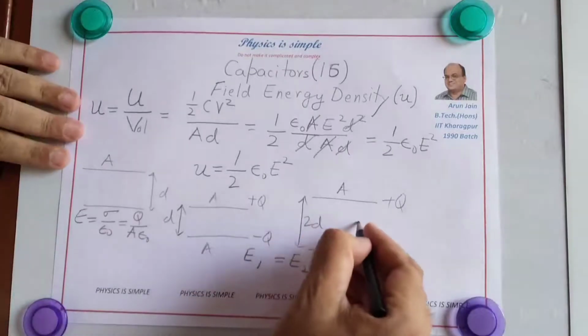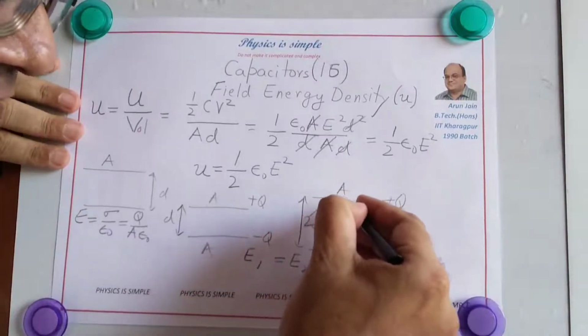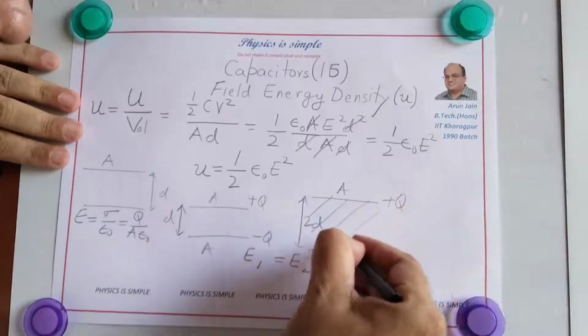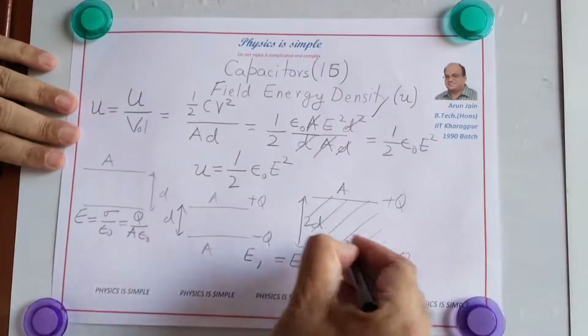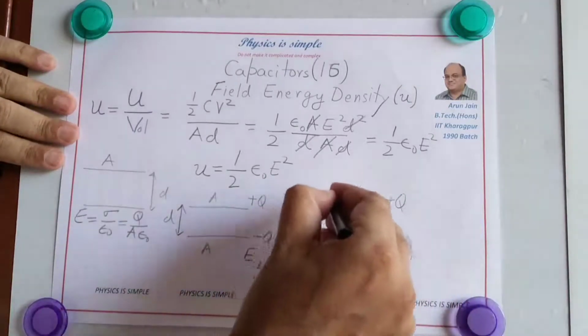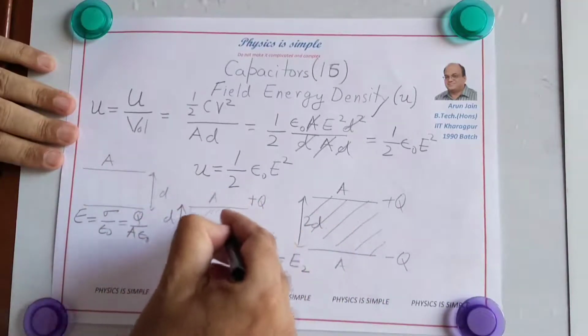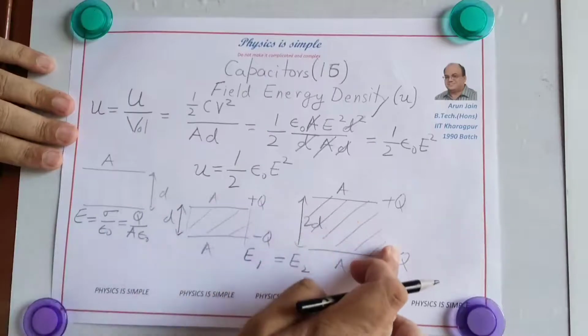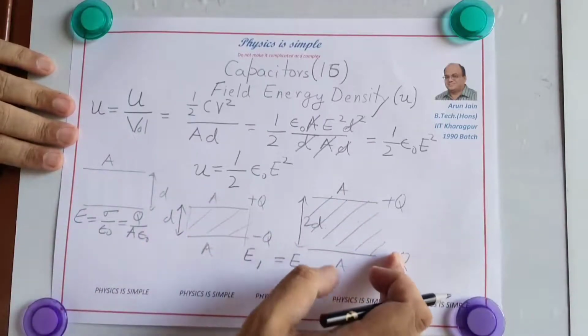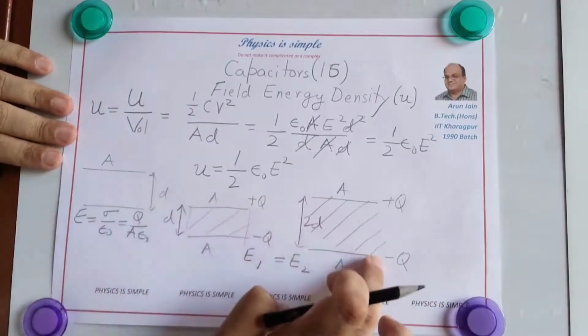In this capacitor, the electric field is in double the volume. The volume of the capacitor is double the volume of this capacitor. So the electric field is present in double the volume, and the electric field is of the same strength.